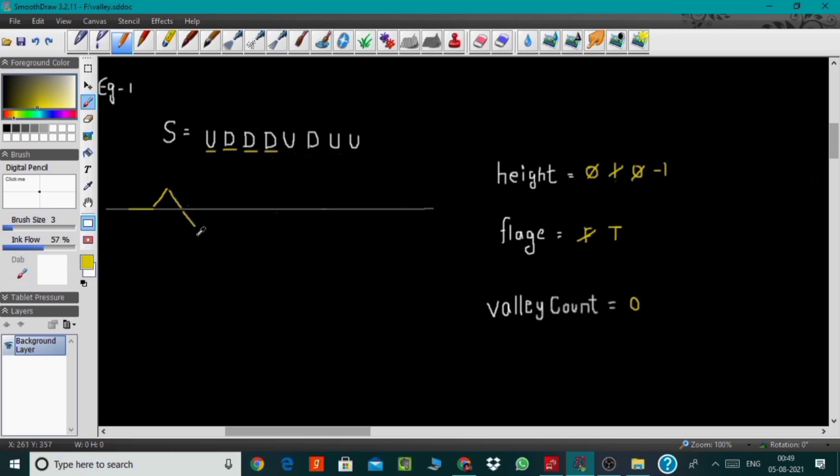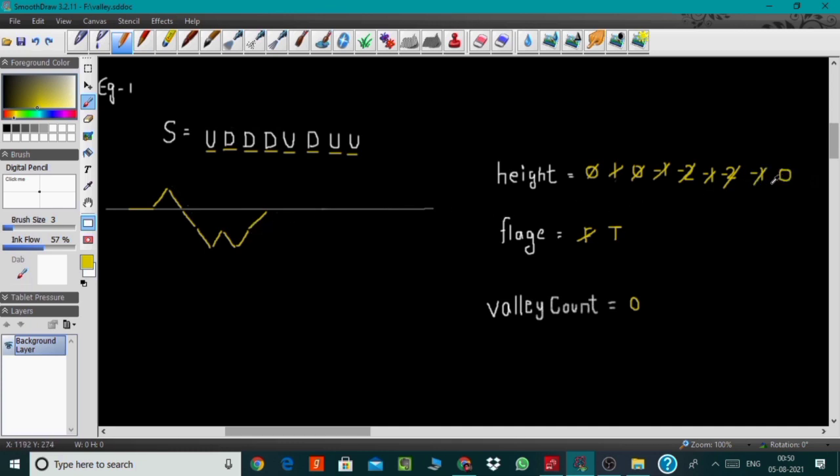Then again we move down and height becomes -2, then we move up and height becomes -1, then down again to -2, then up to -1.